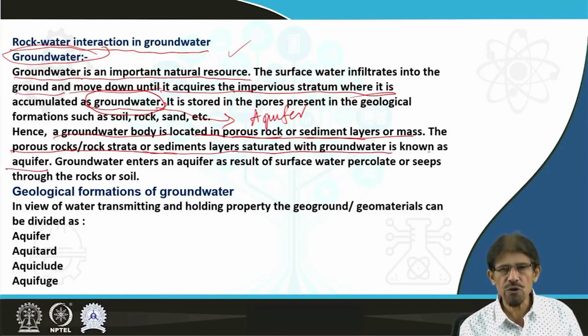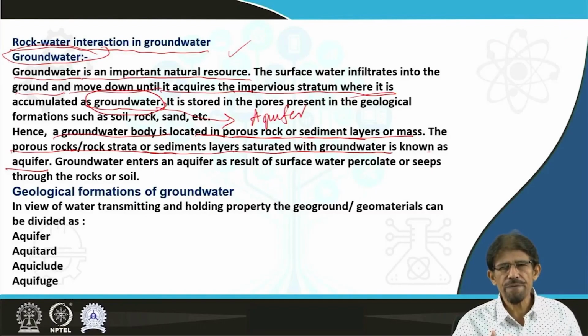Any geological formation or geoground saturated with water, having some impervious bottom layer, is recognized as an aquifer. If it is covered by an impervious layer on the top side and bottom side both, then it is recognized as a confined aquifer.